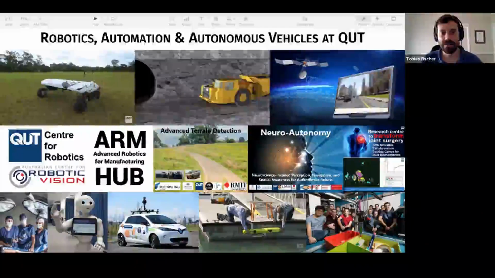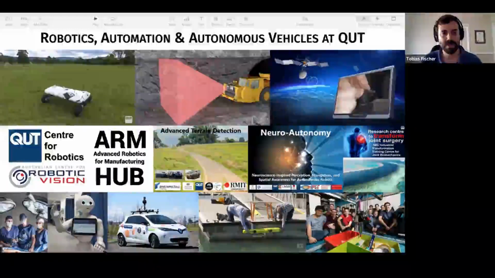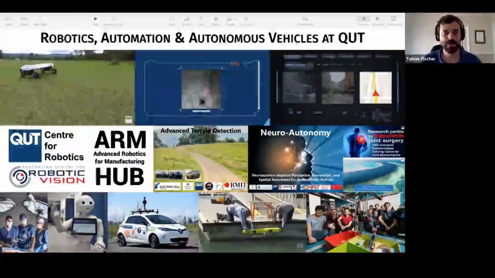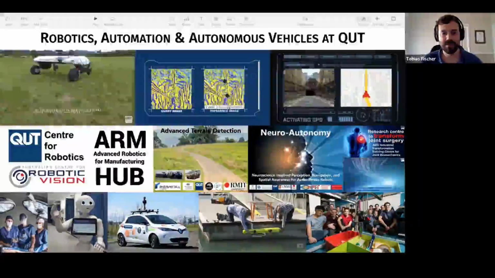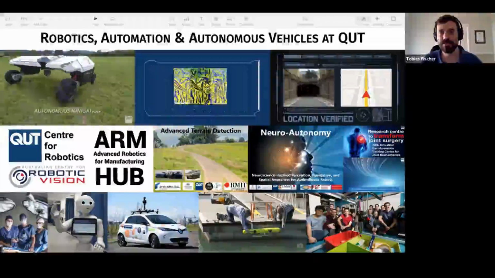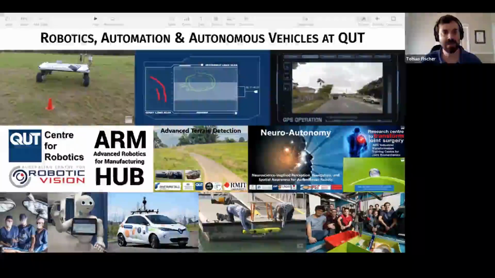This slide just shows an overview of the robotics group, now the Center for Robotics at QUT. So you see there's a really, really wide application area that is considered at the QUT Center for Robotics.